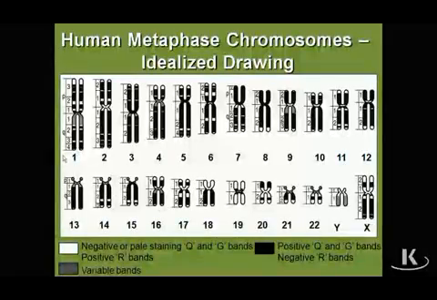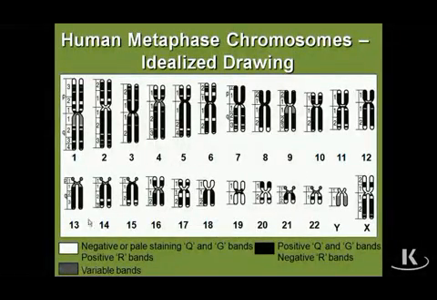Now, normal humans have 23 pairs for a total of 46 chromosomes. The first 22 pairs are referred to as the autosomes, and a normal individual will have two copies of each of those autosomes. The 23rd pair is the sex chromosomes, and an individual will either have two X's if the person is female, or XY if the person is male. So 23 pairs, a total of 46 chromosomes.